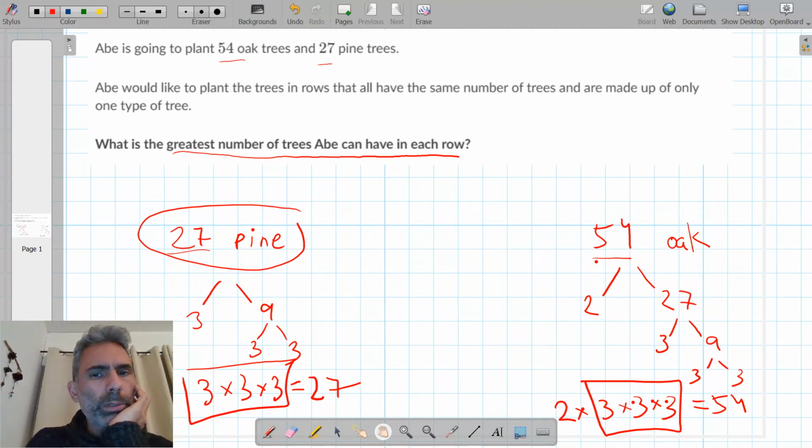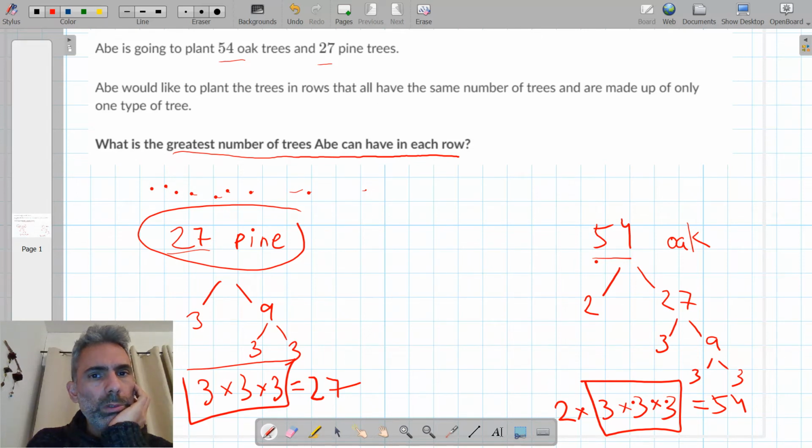Okay, so what is the greatest number of trees in each row? So 27 pines can be all in the same row. So we do a row of 27 pines and 2 rows of 27 oaks.